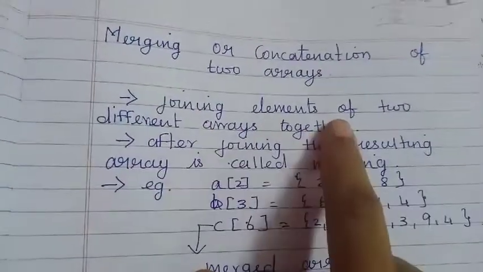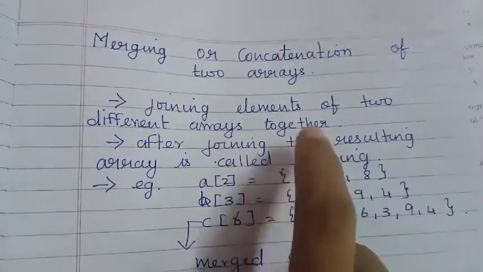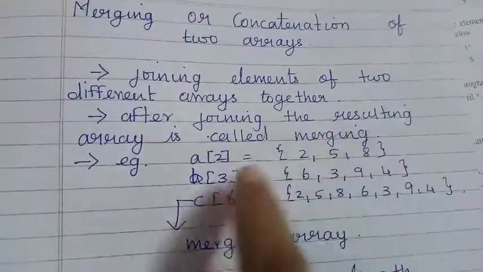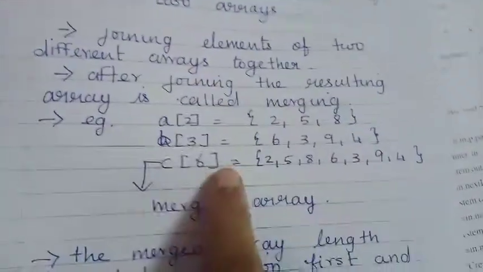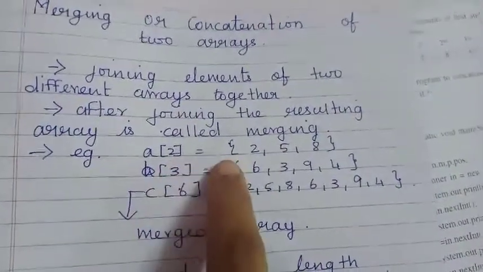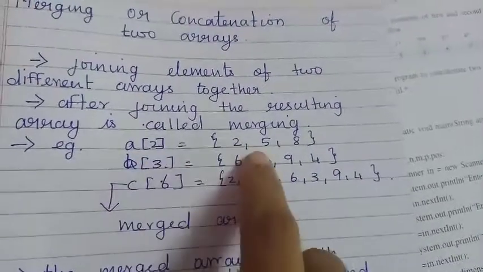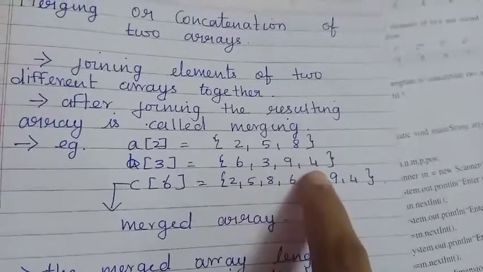So joining elements of two different arrays together is called merging. After joining, the resulting array is called the merged array. See, for example, in array A you have 3 elements and in array B you have 4 elements.